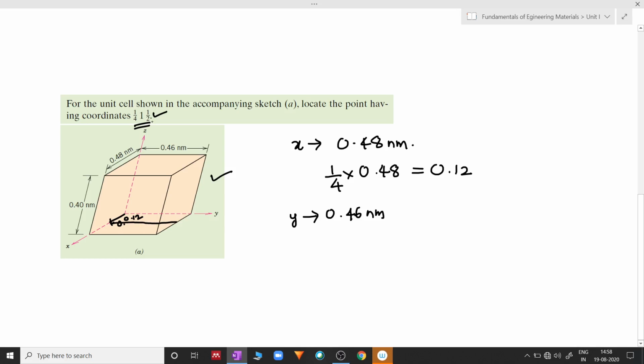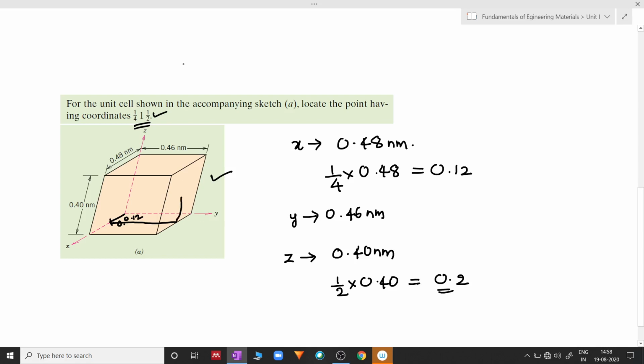Next, half of the edge length in the z direction. In the z direction the edge length is 0.40 nanometers, so I need to move half of its length, which becomes 0.2. So I have to move up to here.